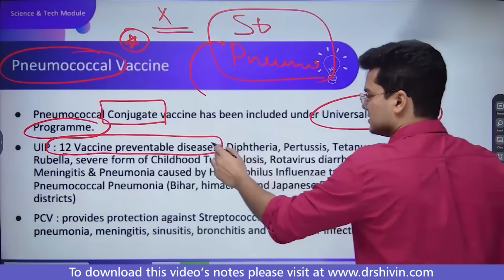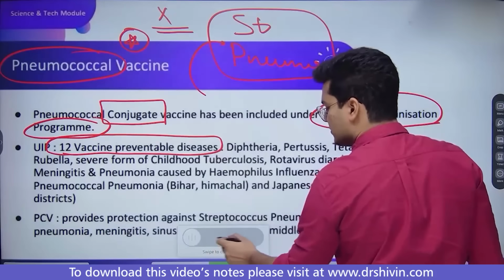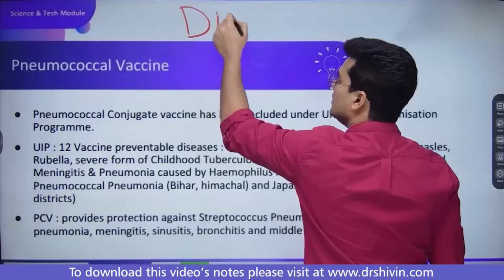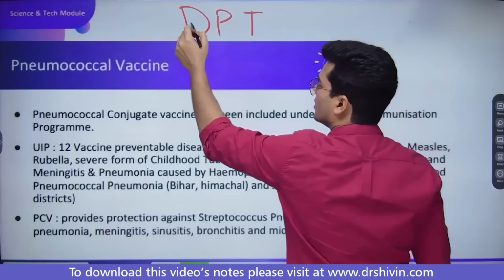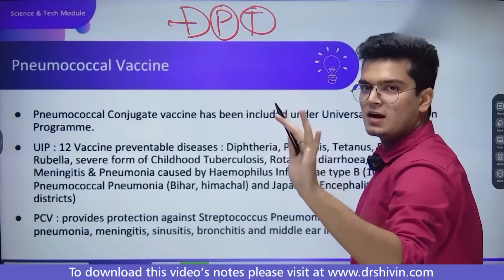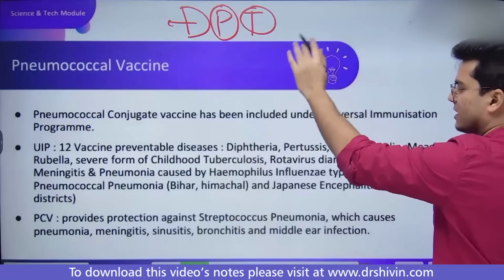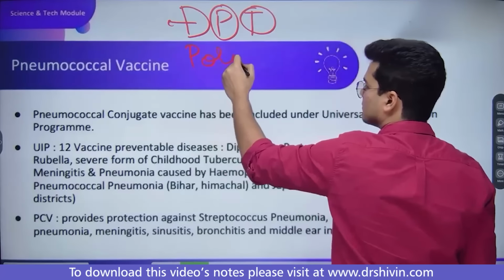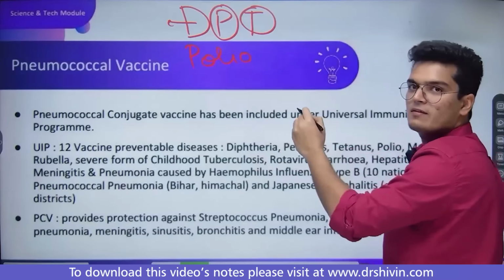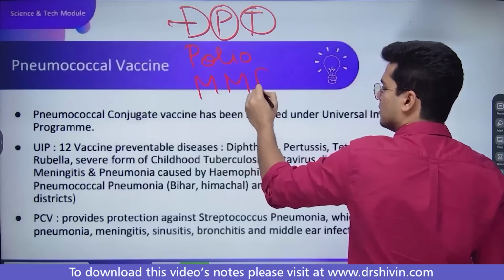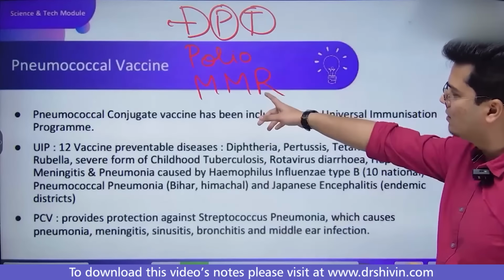What are the diseases covered by the universal immunization program? These diseases are DPT, standing for diphtheria, pertussis, tetanus. We will understand what these diseases are tomorrow. It has polio. You must have all taken this vaccine. It has MMR, measles, mumps and rubella.